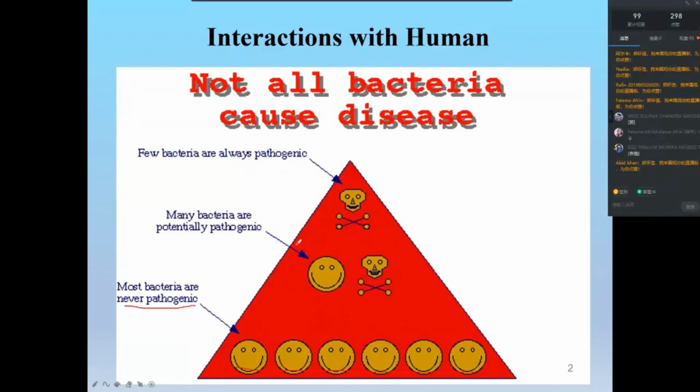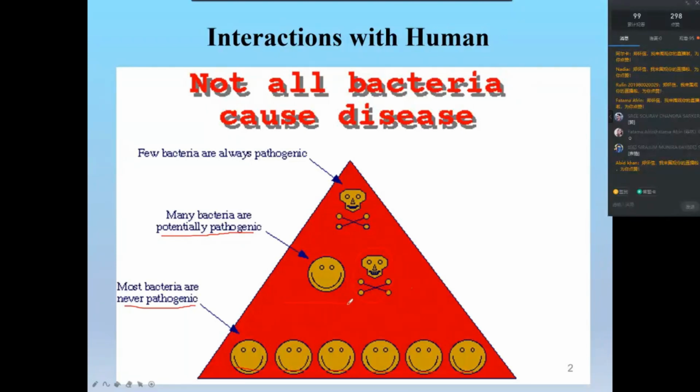For some of the microbiota, usually they don't cause disease, but under very special conditions, they can cause infection. We call them potentially pathogenic, and the infection they cause is named opportunistic infection.